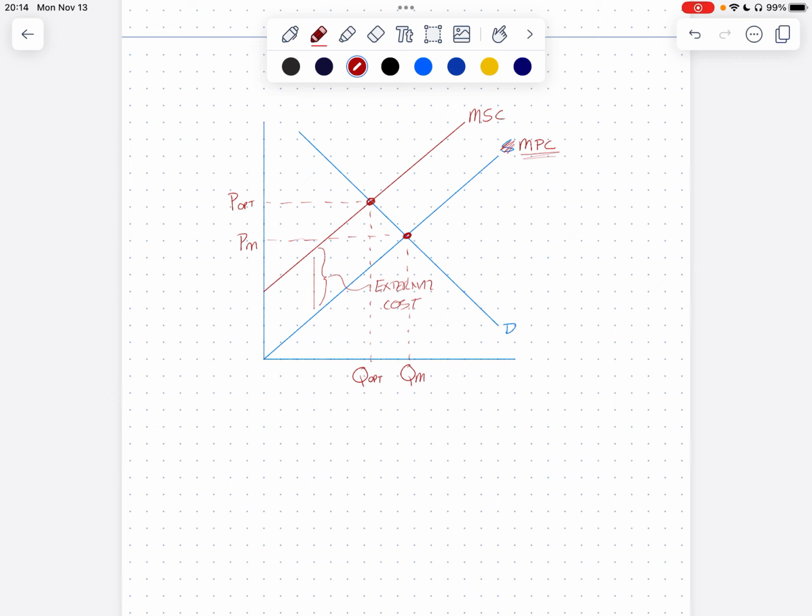Then we can add in our welfare loss just by drawing in a vertical line showing the external cost and adding in our welfare loss there. This then would be a correct externalities diagram when we're talking about a good or a service whose production has costs or harmful effects that affect people other than the producers.